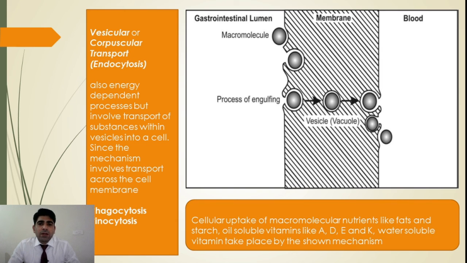If the engulfing of a solid takes place, it is called phagocytosis, and if the engulfing of a liquid takes place, it is called pinocytosis. Phagocytosis is also called cell eating, and pinocytosis is also called cell drinking. So this is all about vesicular transport.